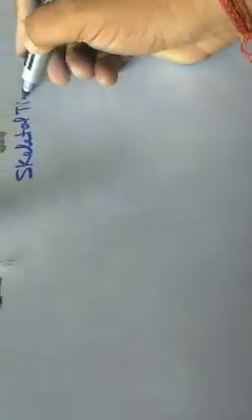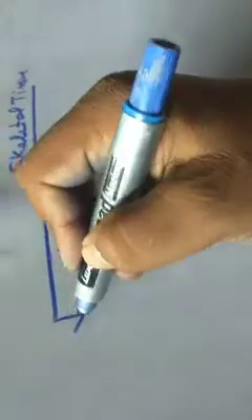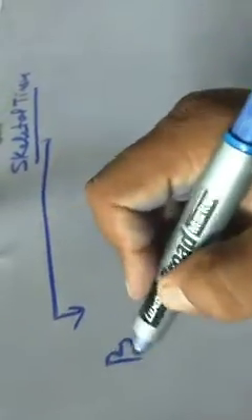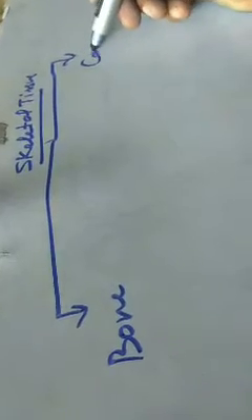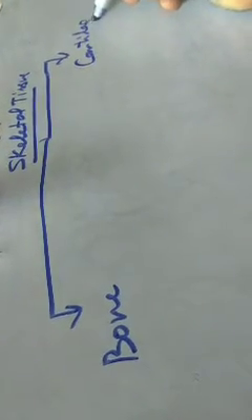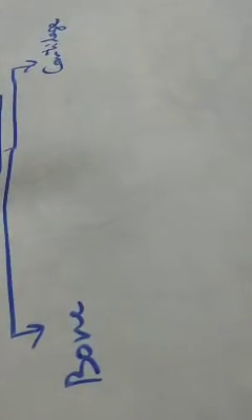Skeletal tissue. The skeletal tissue includes two different kinds of tissues, the bone and the cartilage, right? Bone and the cartilage. Clear?